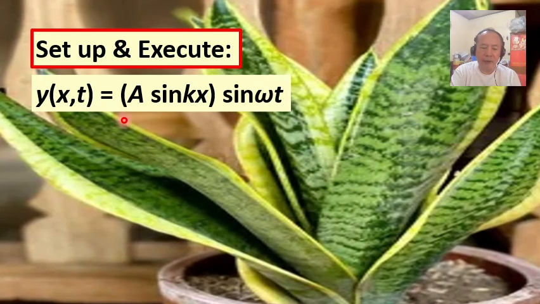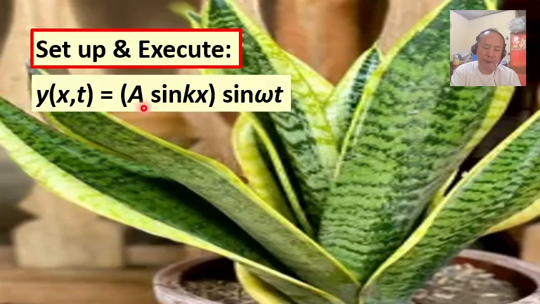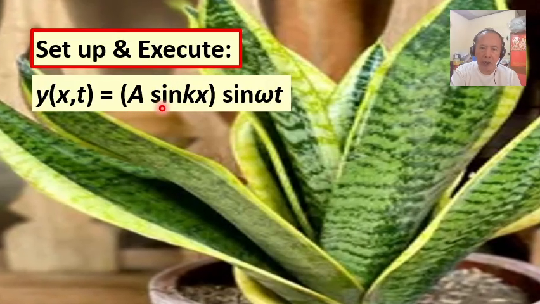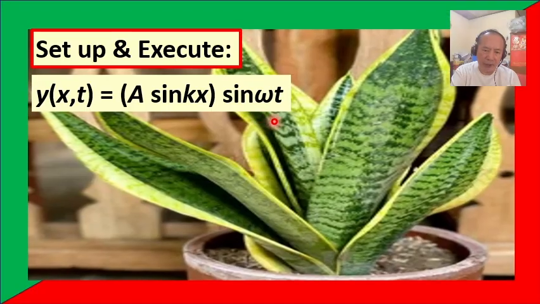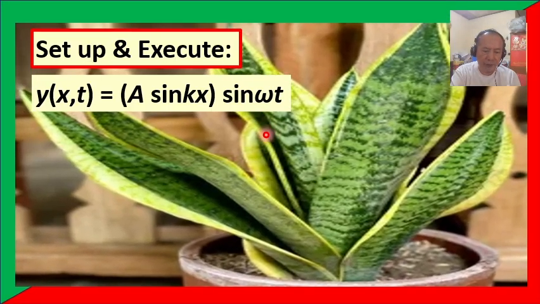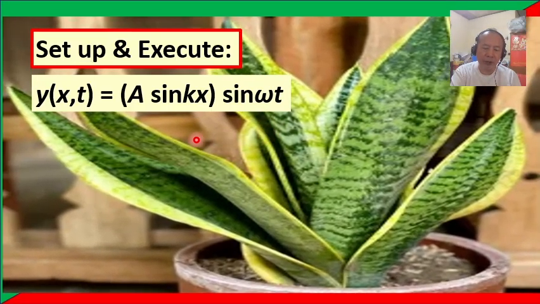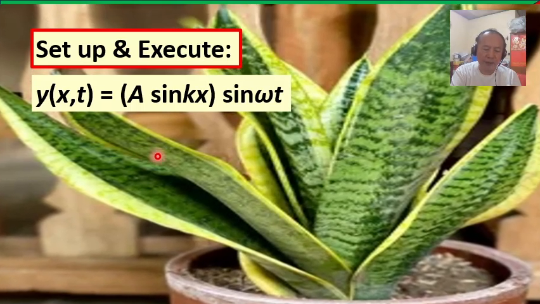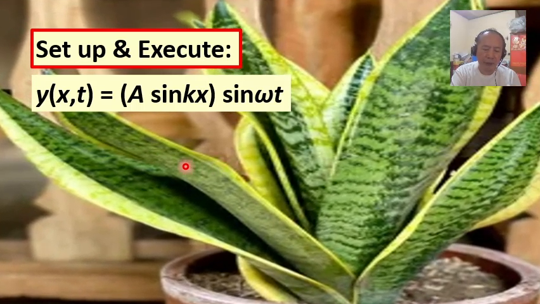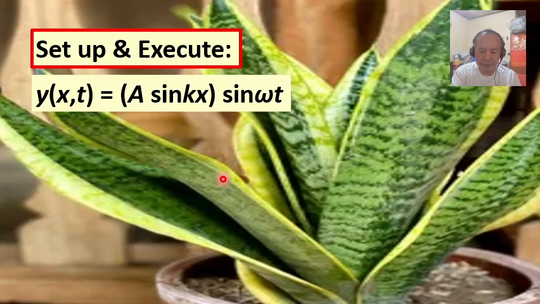Now, from the given displacement y function, a times sine kx multiplied by sine omega t, we determine the transverse velocity, Vy, by getting the first partial derivative of the y function.